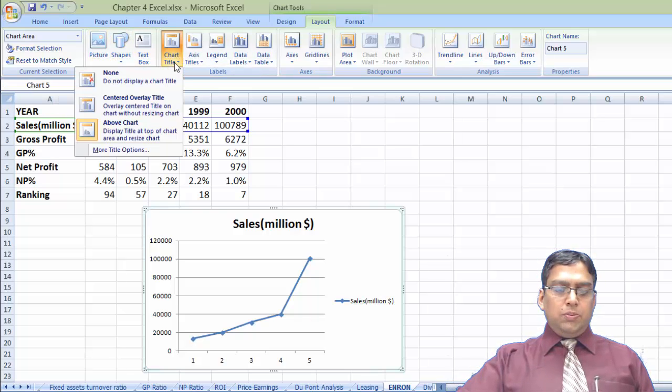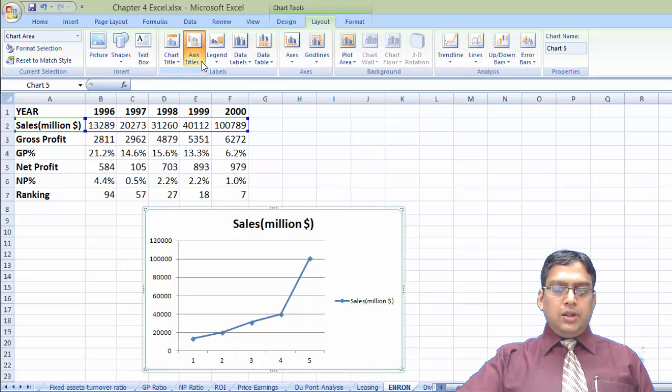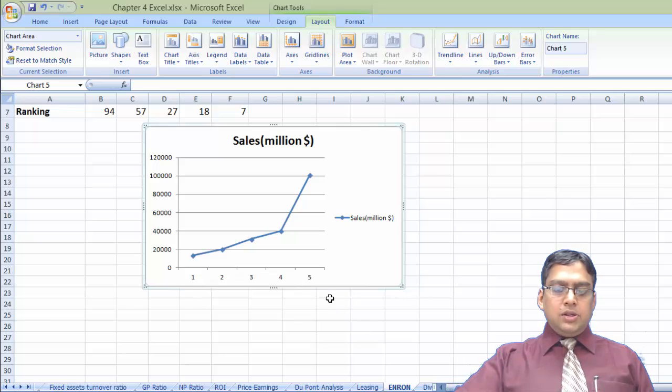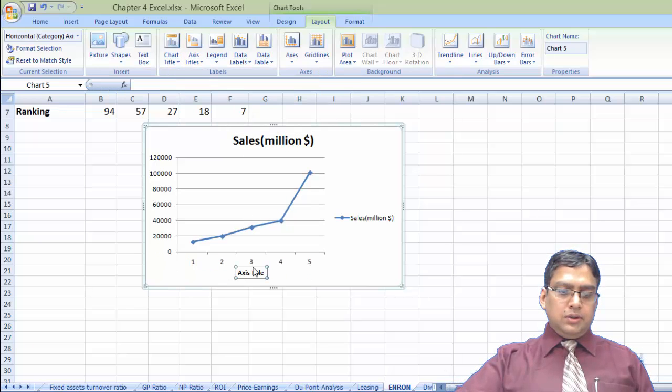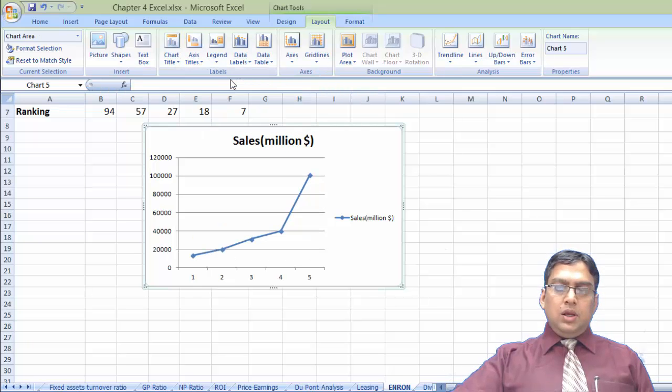Chart title, that is the topmost area, and that is sales, millions, dollar. Axis title, that is your bottom area. If you want to enter the axis title, you can select this portion like any Excel title. If you do not want it, then select none.